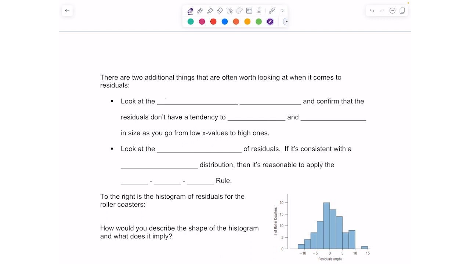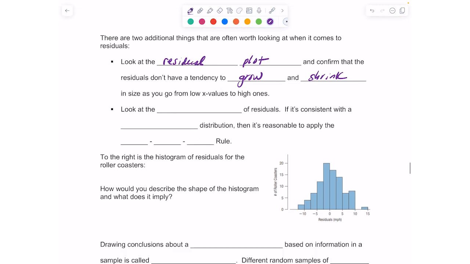There's two additional things that are often worth looking at when it comes to residuals, besides the standard error. We always want to look at a residual plot, which remember we want to look for random scatter, there shouldn't be any shape to it, and then confirm that the residuals don't have a tendency to grow and shrink in size as you go from low x values to high ones.